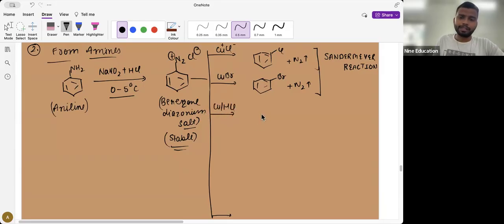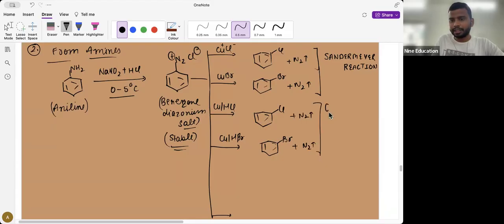If I put copper and HCl together, we will get chlorine here. And if I put copper and HBr, I will get bromine here with N2 loss. These two reactions are known as Gattermann reaction.